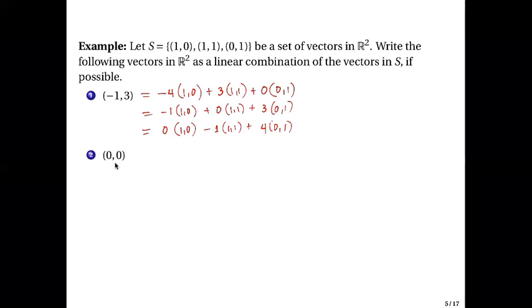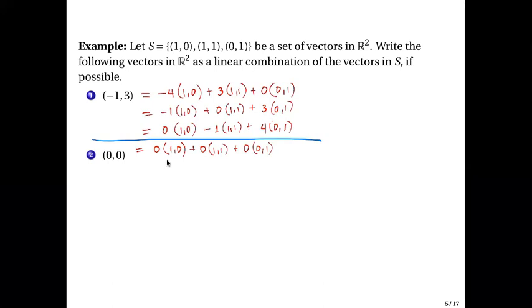For this vector (0, 0), the obvious is 0 times (1, 0) plus 0 times (1, 1) plus 0 times (0, 1). This is the most obvious. So if we multiply these vectors here by 0, then we will get the 0 vector.